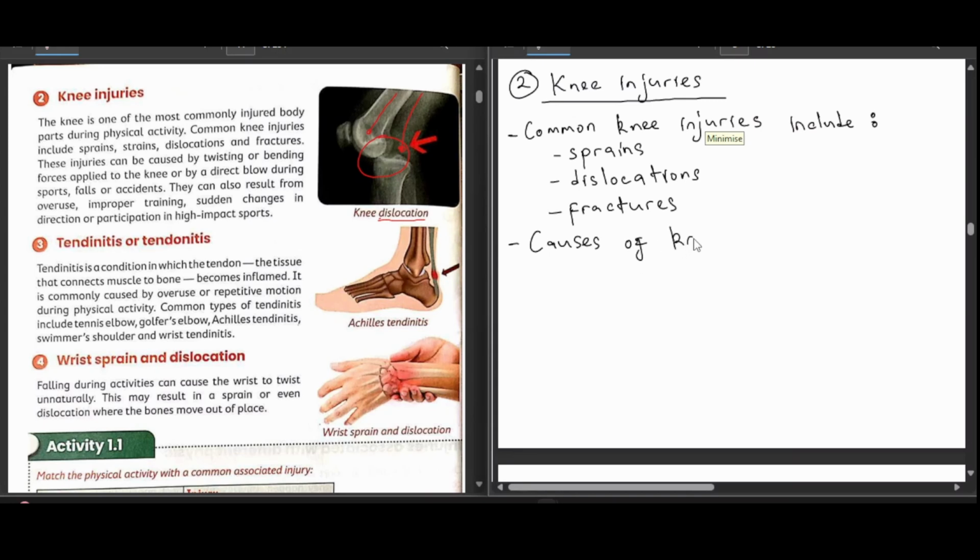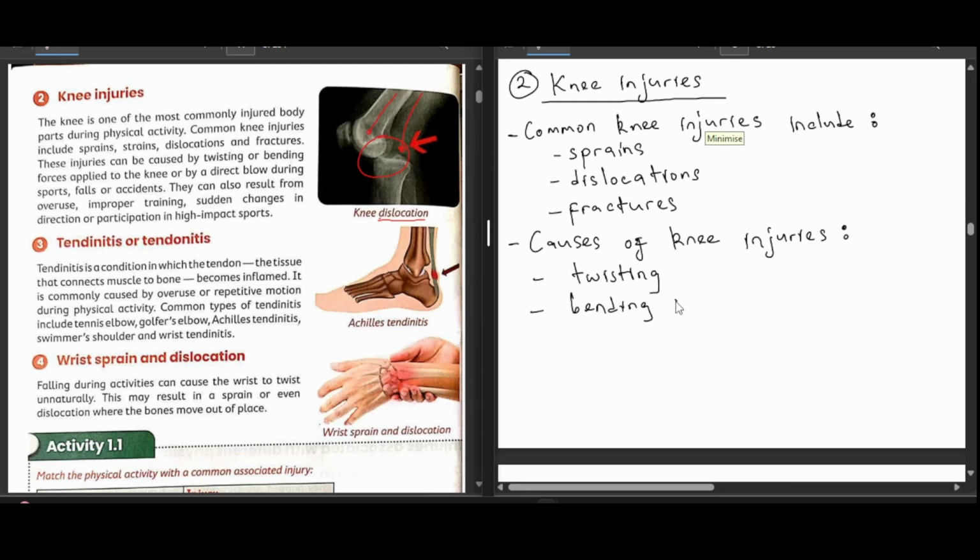So we want to look at the causes of knee injuries. Very important. What are the causes of knee injuries? We have twisting, and we have bending forces.